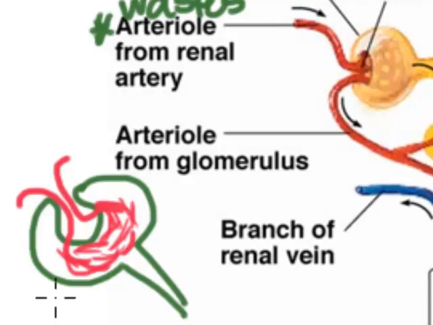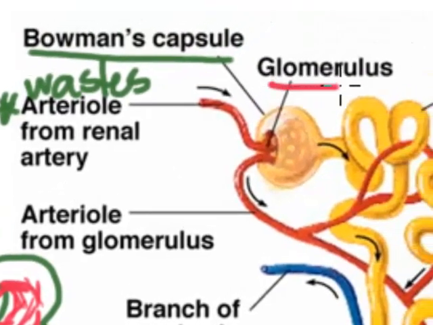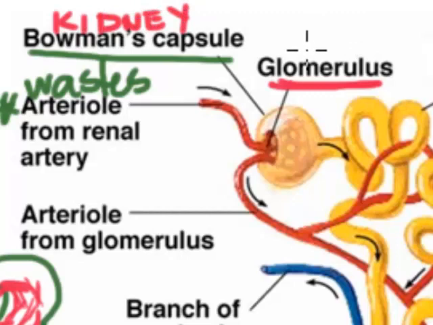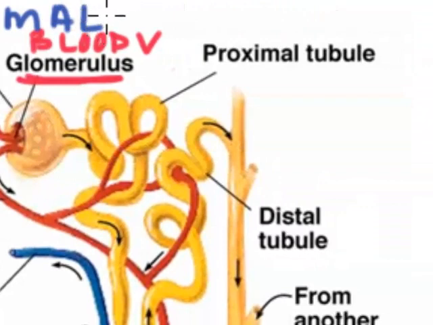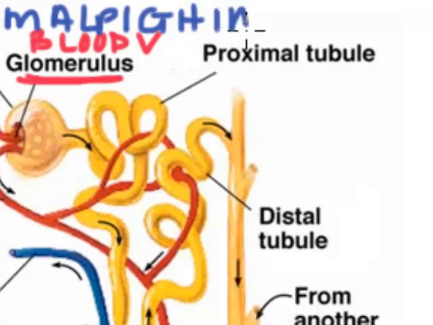This little capillary network inside the Bowman's capsule is known as the glomerulus. Now, the Bowman's capsule is kidney tissue, whereas the glomerulus is blood vessel tissue. The kidney and the blood vessel tissue are known together as the Malpighian body.